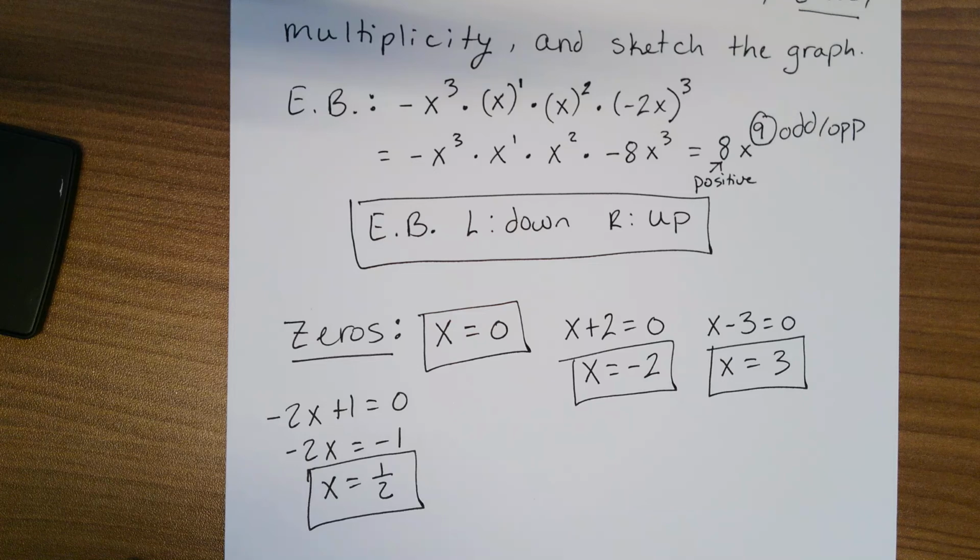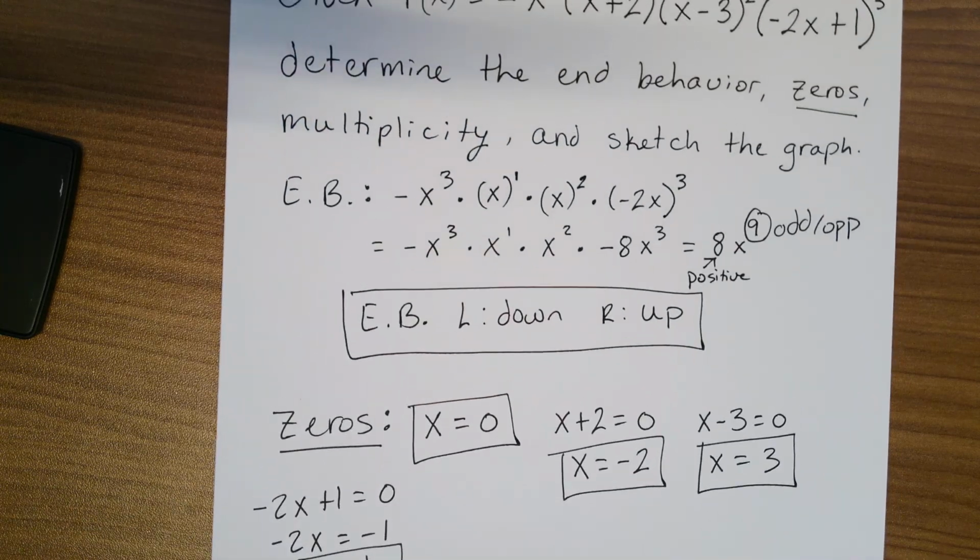Now, does that mean they'll cross or will they bounce? The multiplicity of each zero will tell me whether my graph will simply cross the x-axis or if it will bounce off the x-axis. If the multiplicity is odd, I know it crosses. If it's even, I know it bounces.